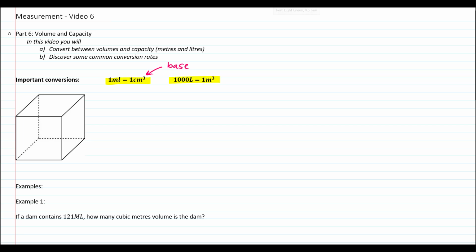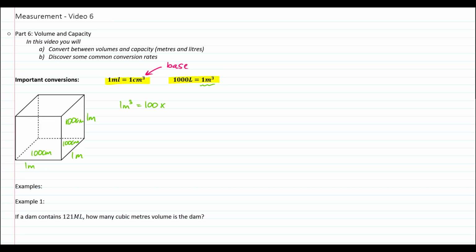With that in mind, if I wanted to do a conversion that involved metres cubed, let's draw a cube where I have 1 metre here, and 1 metre here, and 1 metre here. You might remember from our conversion of length, area and volume video that this is 100 centimetres, 100 centimetres and 100 centimetres, and so 1 metre cubed is equal to 100 times 100 times 100 centimetres cubed, and that is 1 million centimetres cubed.